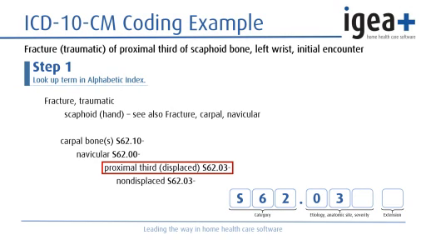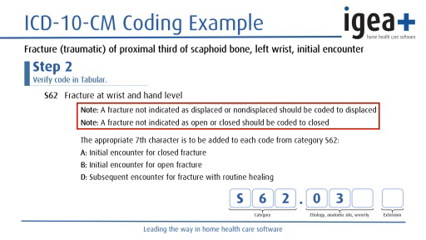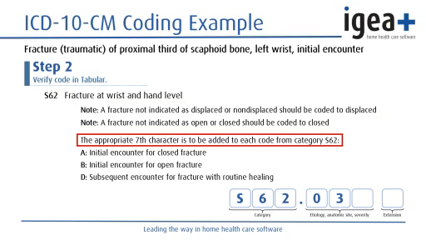S62.03 in the tabular, we first notice two notes under S62 stating that a fracture not indicated as displaced or non-displaced should be coded to displaced, and that a fracture not indicated as open or closed should be coded to closed. Also, we can see that there are 7 characters that apply to the S62 code, and we get the actual characters with the respective description as well.